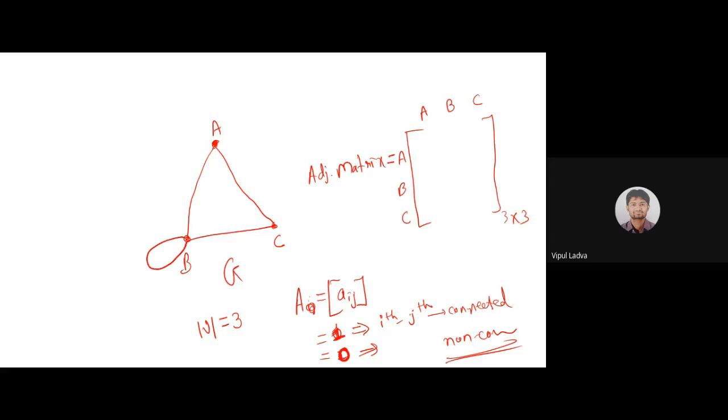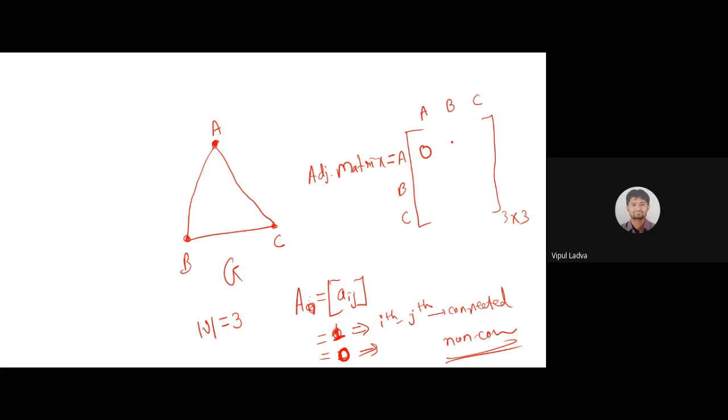Suppose I'm having an edge whose both terminal vertices are the same. If I label this edge as E1, then identify both the terminal vertices of E1. दोनों vertex B है, B से चालू हो रही है, B पर खत्म हो रही है. So this is a self loop. And we are not having any self loop over there, so this particular entry will be 0 surely.